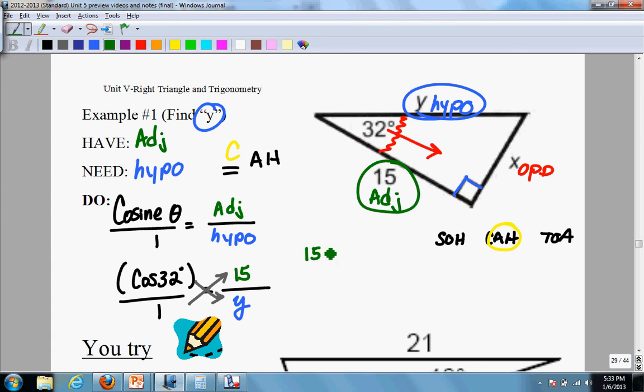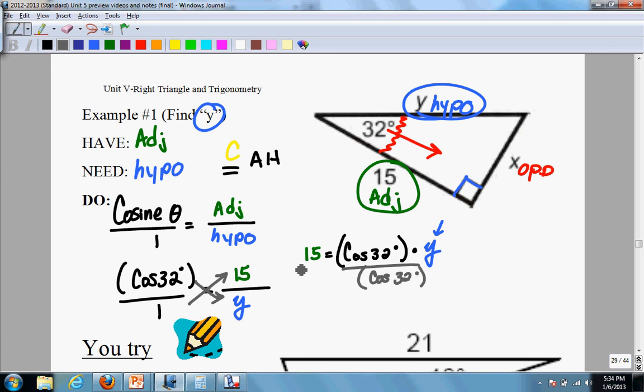So next step, 15 equals cosine 32 degrees, parentheses, do not drop those parentheses, times y. Now, we want to get y all by itself, so I'm going to divide both sides by cosine 32 degrees.